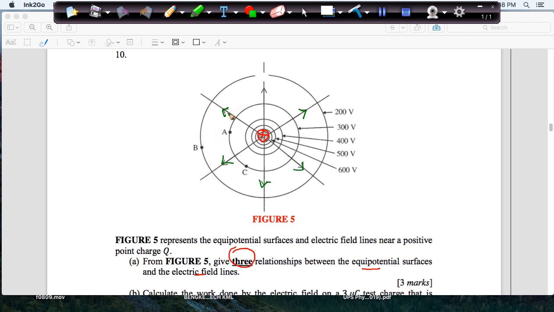And the next is the direction of electric field E is always 90 degrees to the equipotential surface. So this is the equipotential surface.